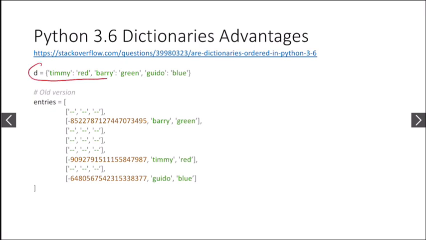In Python code, you might write something like this. So here's your key Timmy, here's your key Barry, here's your key Guido, and then the values you would store would be red, green, and blue. So what did that look like? Here is what your underlying C array looks like underneath.